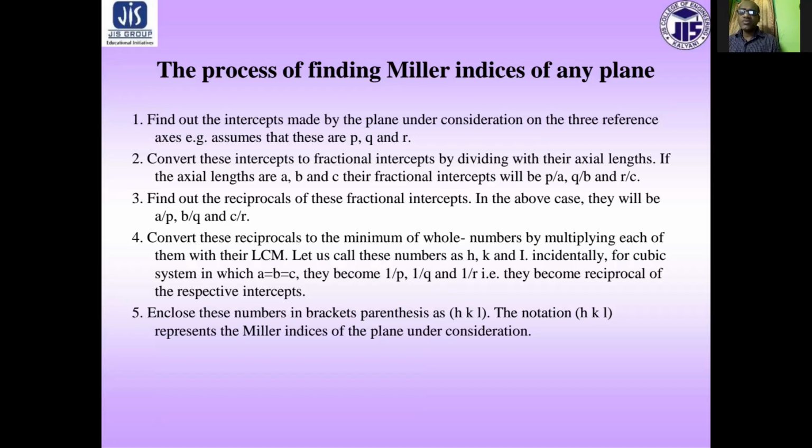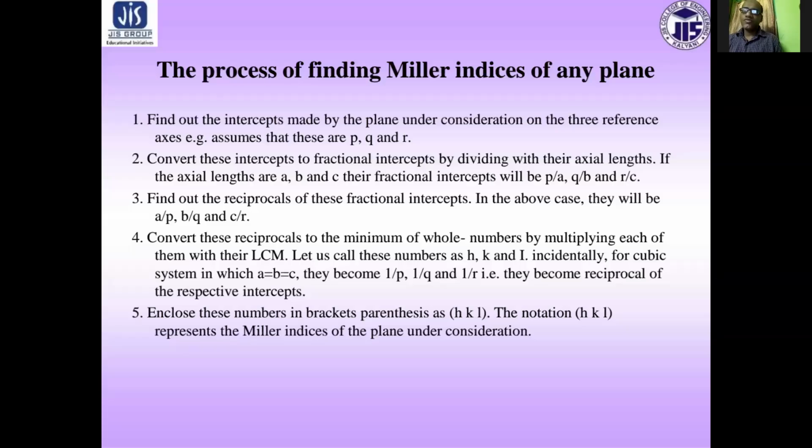Incidentally, for a cubic system, we know that the axial lengths are equal, that is, A equals B equals C, and hence the reciprocals of the fractional intercepts become 1 by P, 1 by Q and 1 by R respectively.